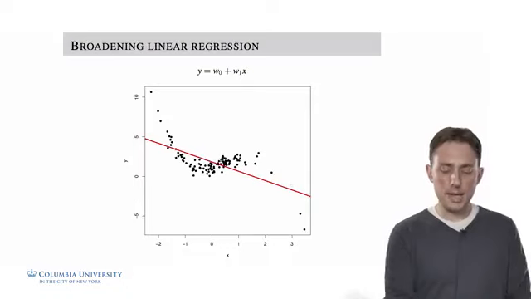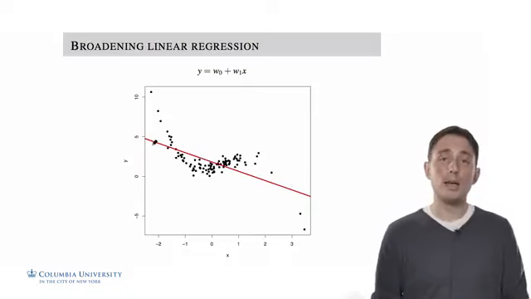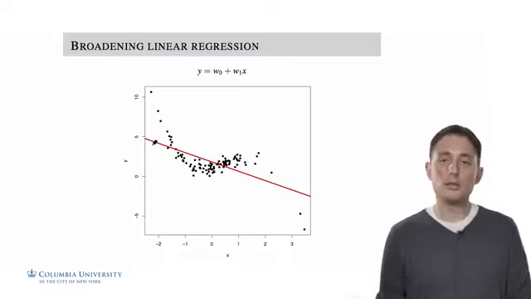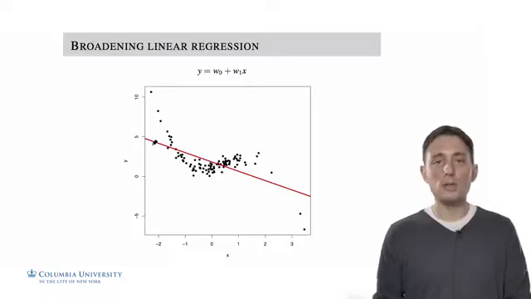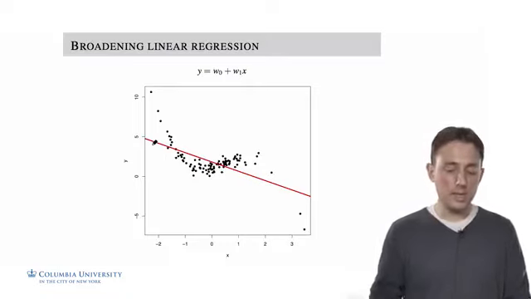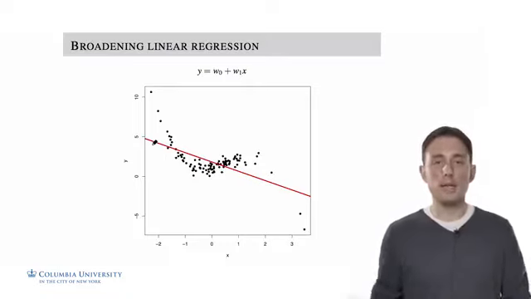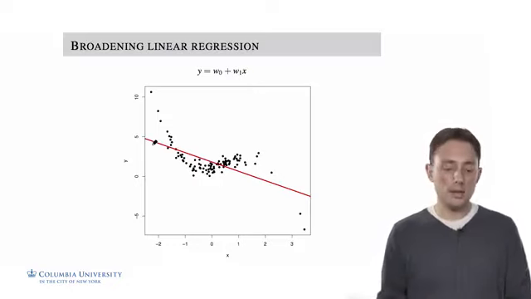So we're basically saying that the data has to be modeled by a line in this case. And of course, for this particular data set, that's not an ideal function. We can see clearly that the data does not follow a line.